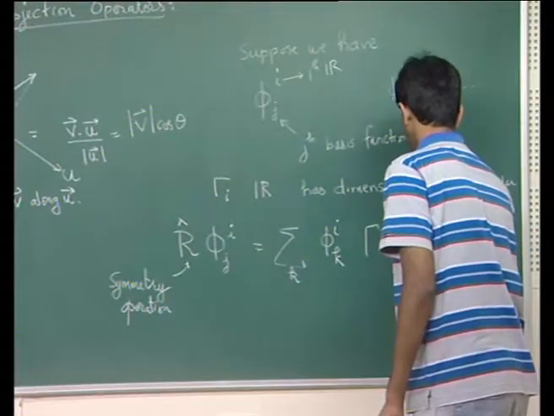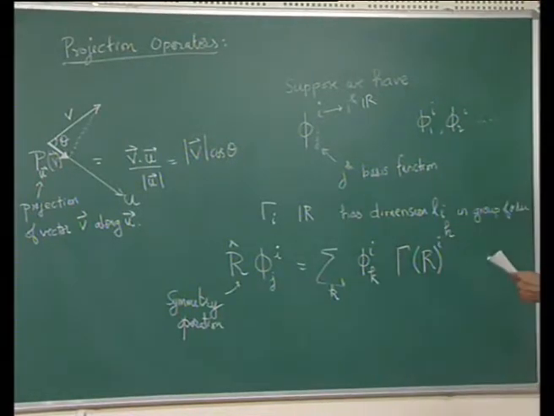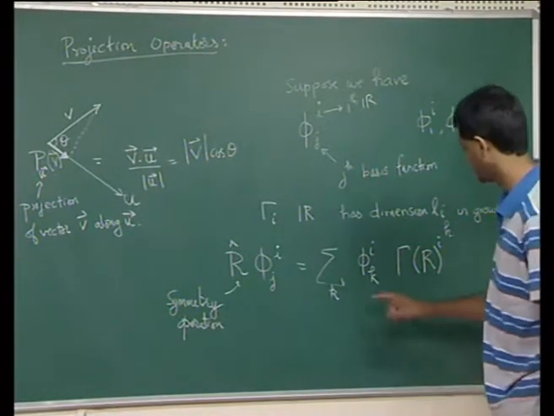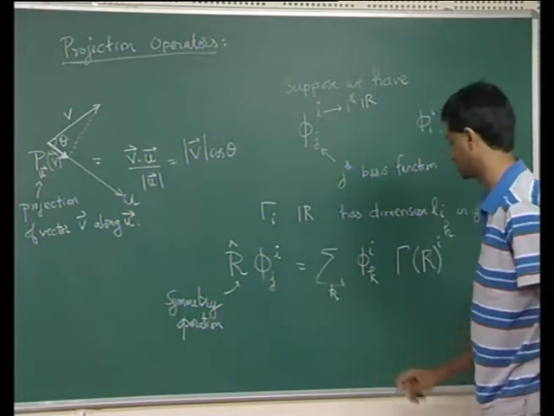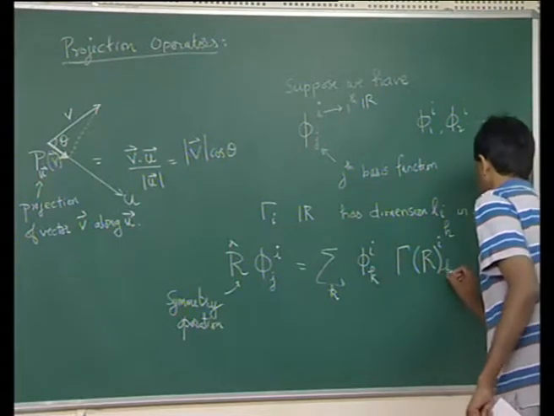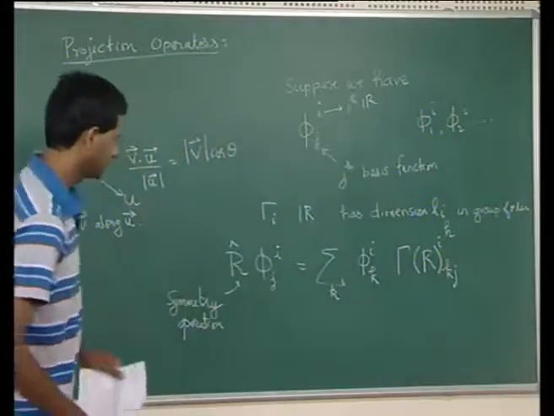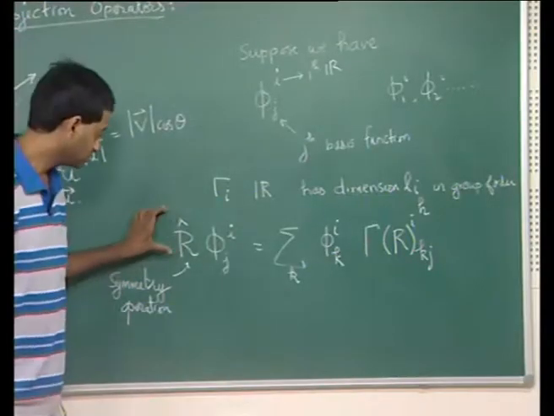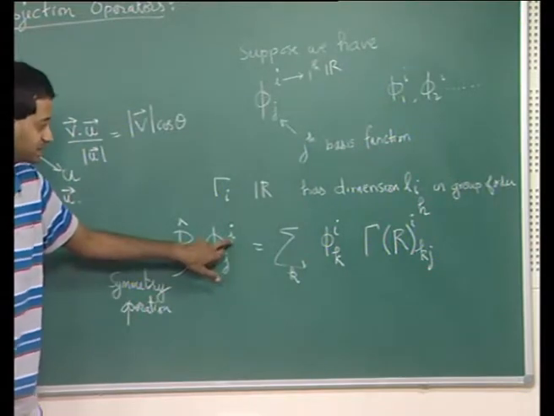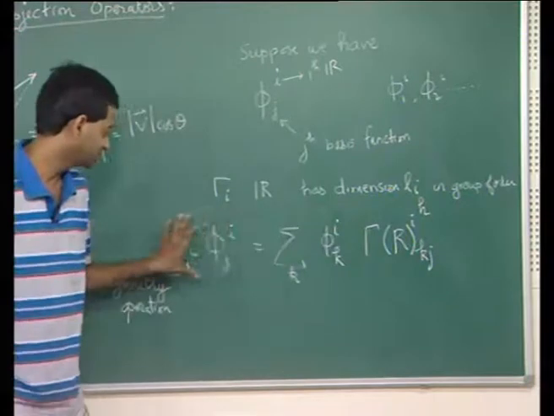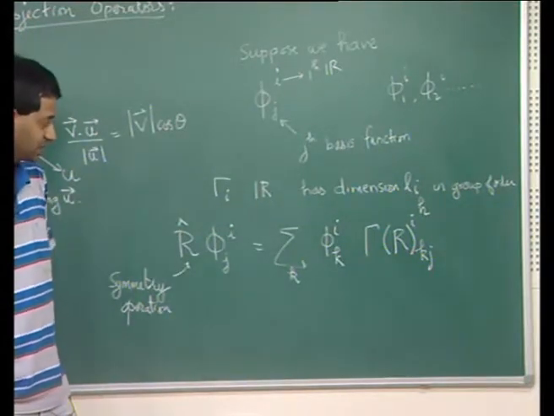It is the matrix element in representation I, corresponding to the irreducible representation I. Since this is phi j, the jth basis function, the appropriate matrix element will be the kjth matrix element. So this is how in this representation I, the matrix elements of any operator are defined.